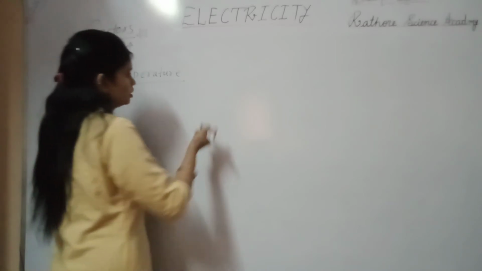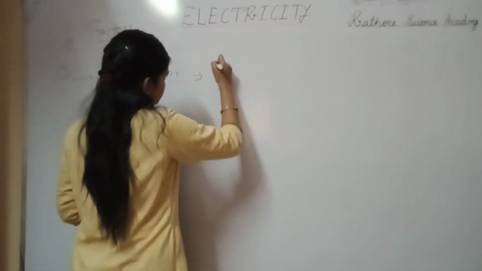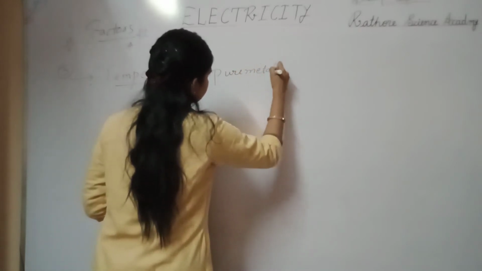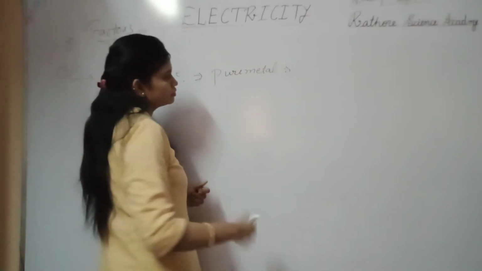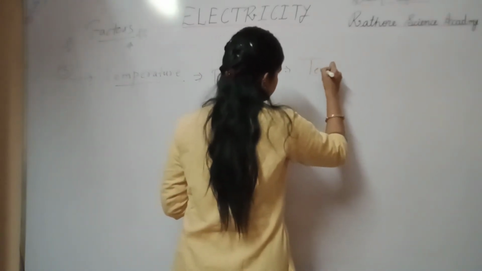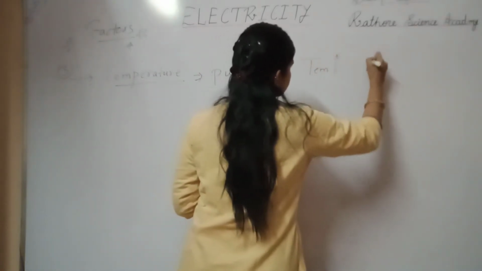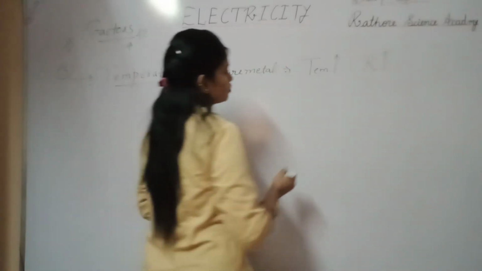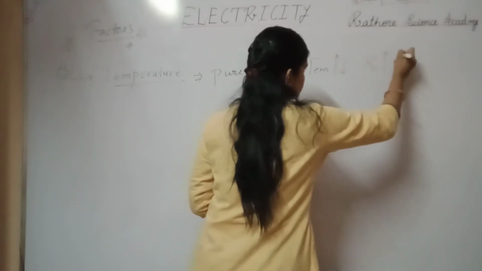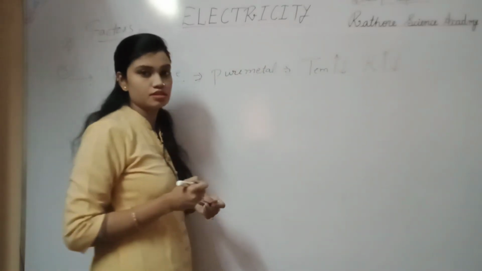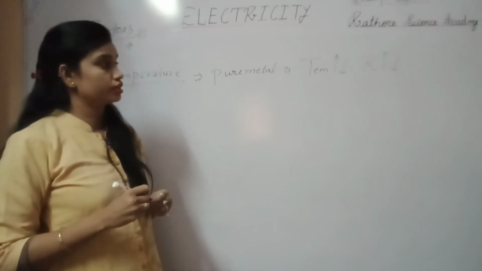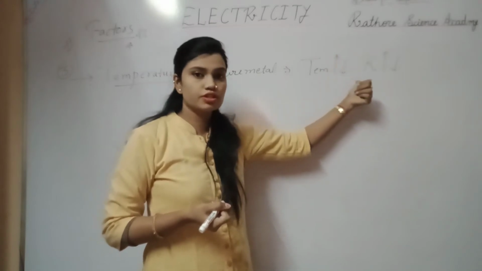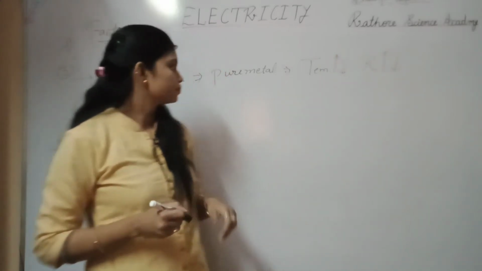So we can say like this: in case of pure metal, while increasing the temperature, the resistance of the conductor is also increased, and while decreasing the temperature, the resistance decreases.